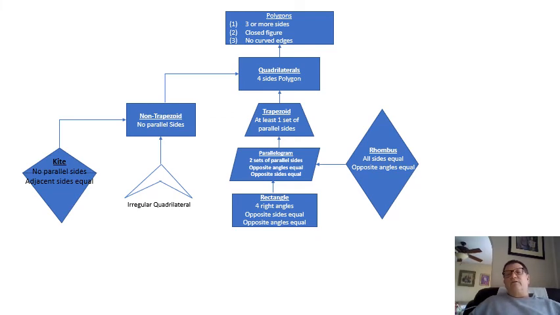And that means that all rhombuses are still classified as parallelograms, because they have 2 sets of parallel sides, opposite angles are equal, and opposite sides are equal. Okay? But just like I said a minute ago, all rhombuses can't be rectangles. Okay? Because all rhombuses would not have 4 right angles. Okay? All right. We'll see you tomorrow. We'll be drawing these.